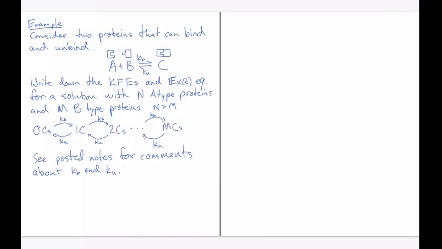Okay, so let's write down the probabilities. So we have Pn of t are the probabilities that we have x of t is equal to n, where x of t is the number of C's.